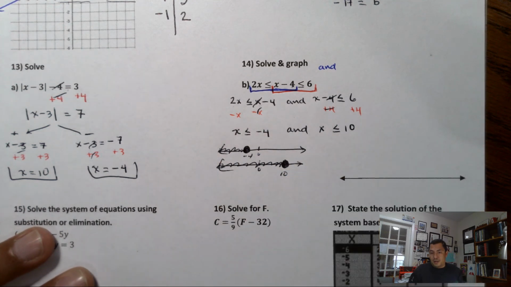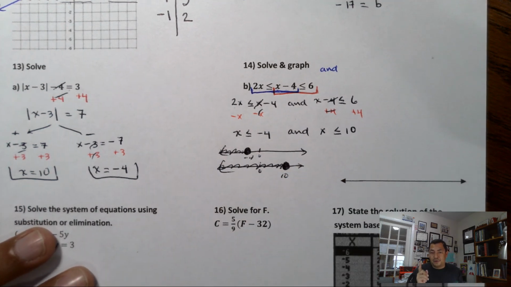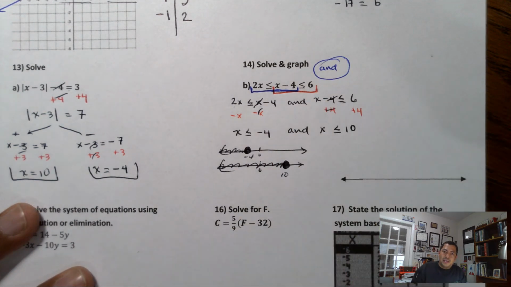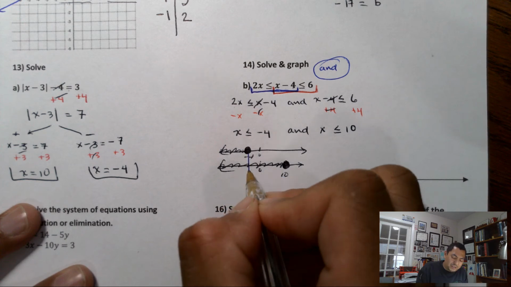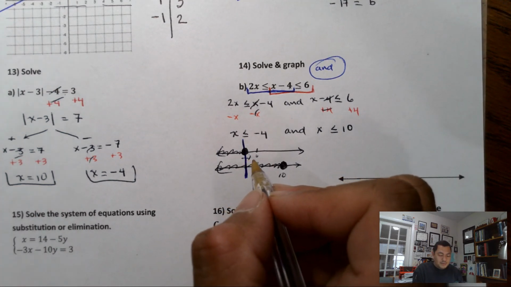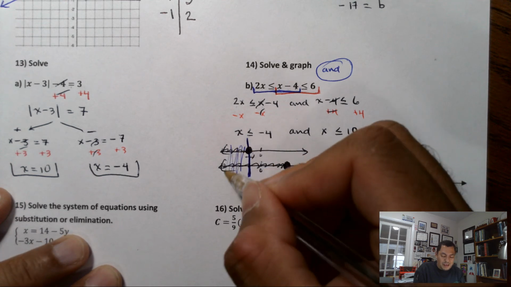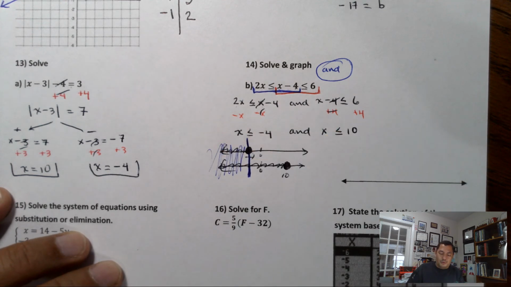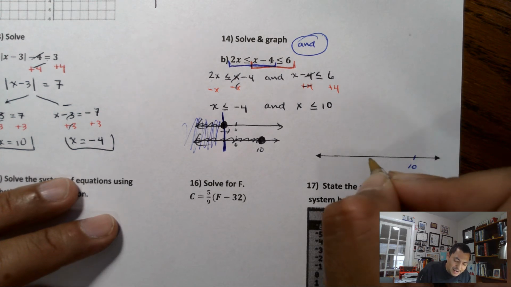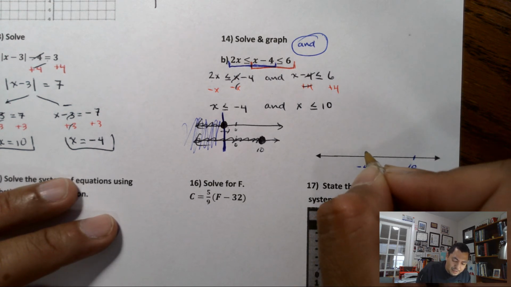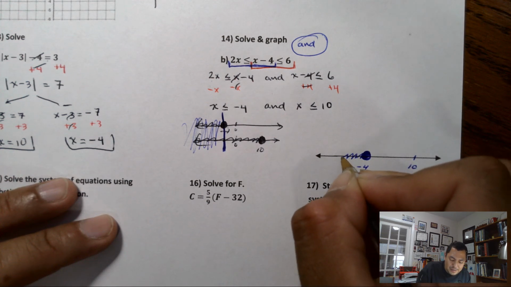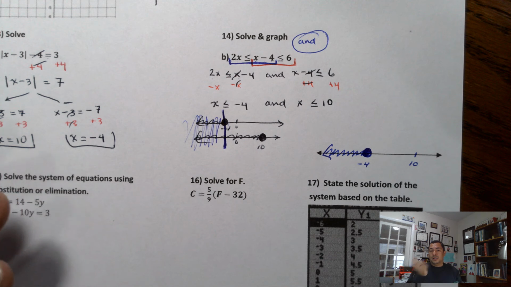It's an AND inequality, so I'm looking for where the intersection happens, and it happens at -4 to the left. So all this is where the graphs intersect each other. So my solution is, I have 10 here and I have -4 here. So my final graph, my solution, starts at -4 to the left.